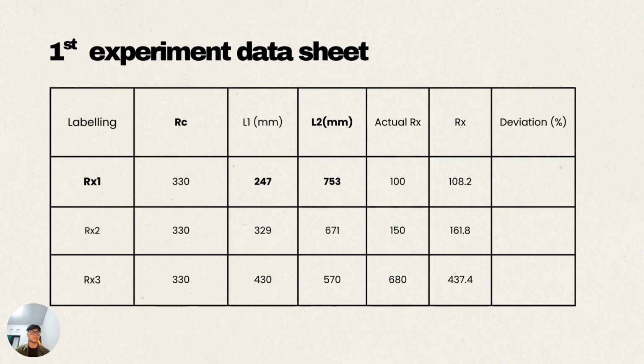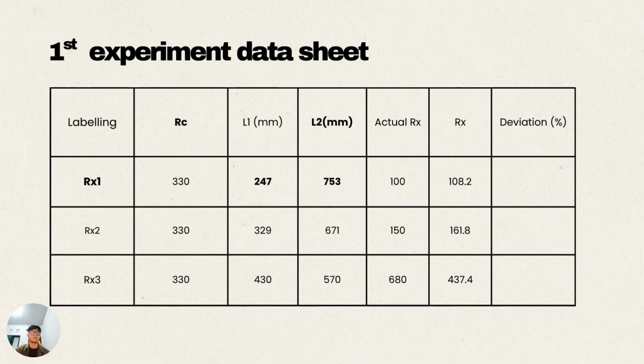This is the first experiment data sheet. Rx1: the Rc we are going to use is 330, L1 is 247 mm, and L2 is 753 mm. Actual Rx is 100, and the Rx that we find is 108.2.